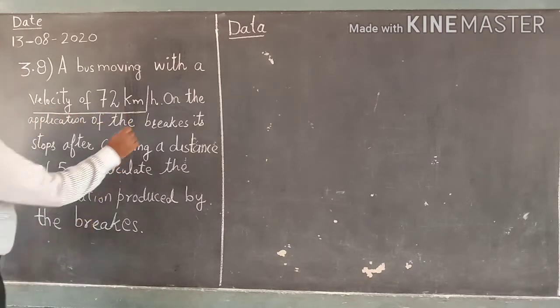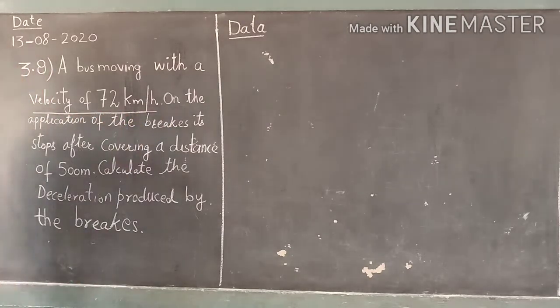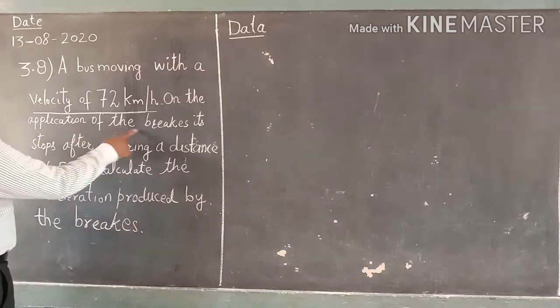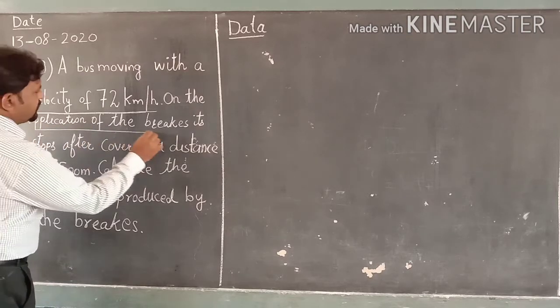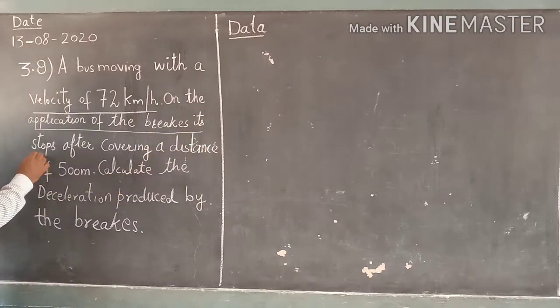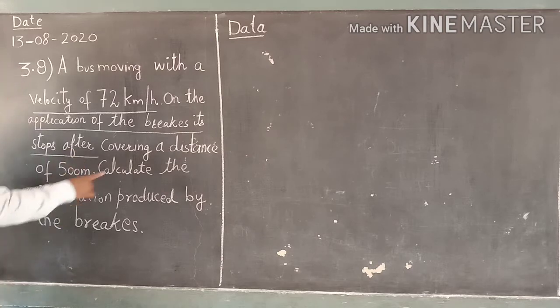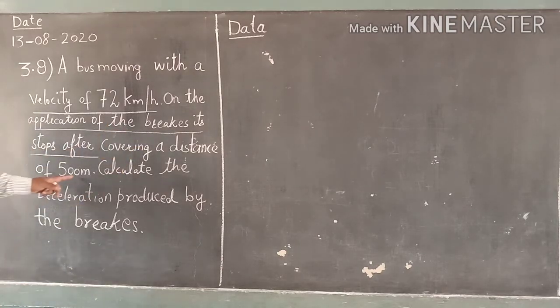Velocity of 72 km per hour, and then application of the brake, it stops after covering a distance of 500 meters.